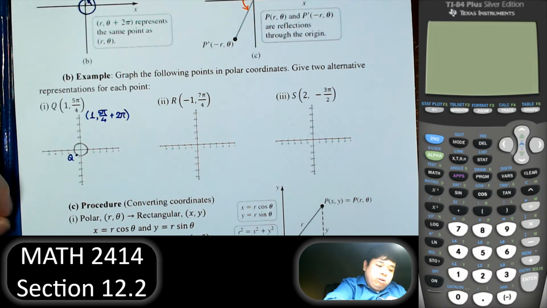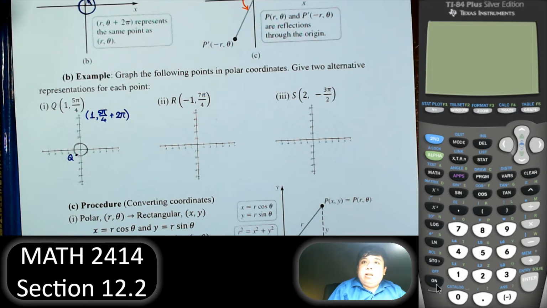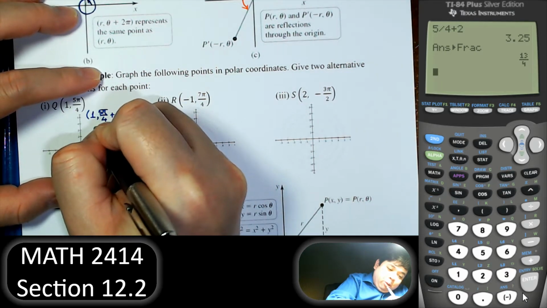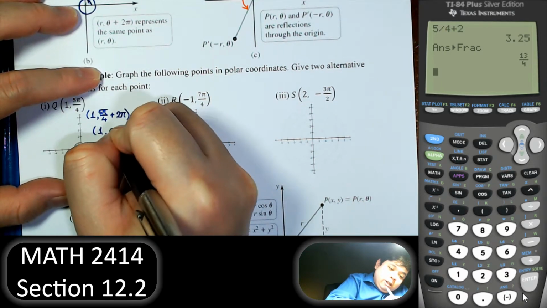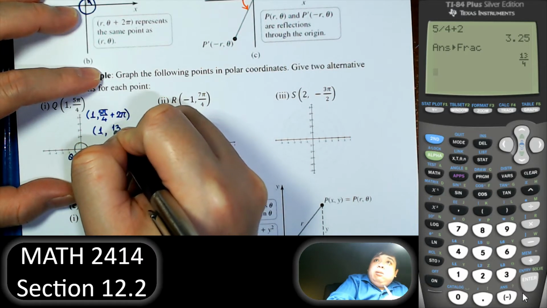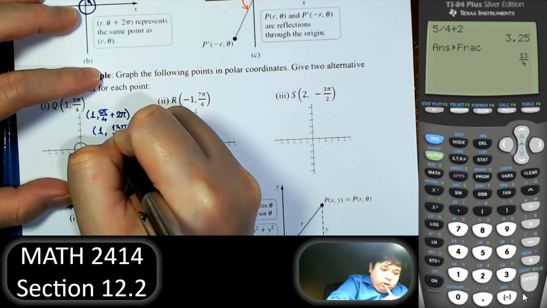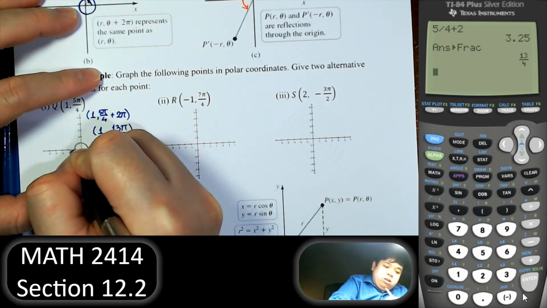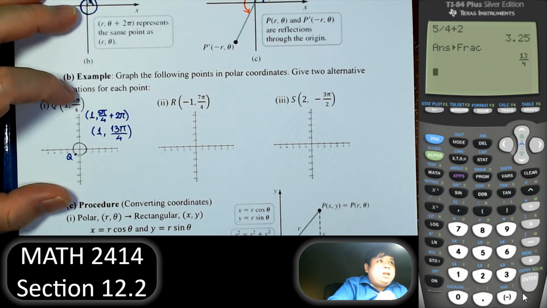And 2 plus 5 over 4 is 13 over 4. 5 fourths plus 2, change the fraction, is 13 over 4. So we might have the representation of 1 and 13 pi over 4, which means we go an extra revolution there.